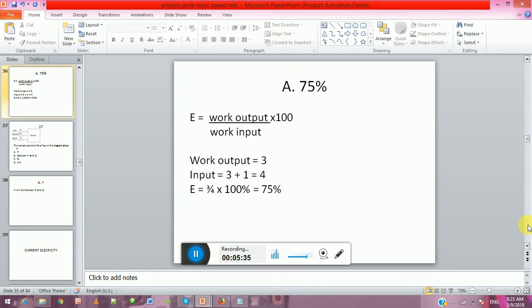To solve this, efficiency is equal to work output over work input times 100. Work output is 3, work input is 3 plus 1, which is 4. So efficiency is equal to 3 over 4 times 100%, giving us 75%.